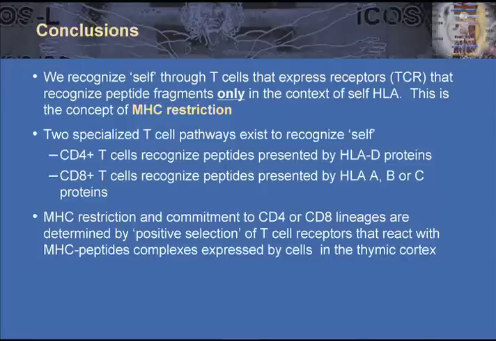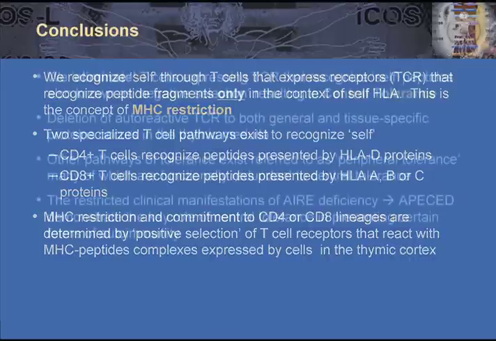Finally, the MHC restriction and the commitment to CD4 or CD8 lineages are determined by positive selection of T cell receptors that react with these peptide complexes expressed by cells in the thymic cortex. So there's a clear partitioning of this to the thymic cortex.